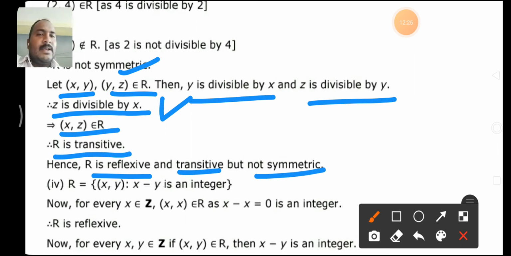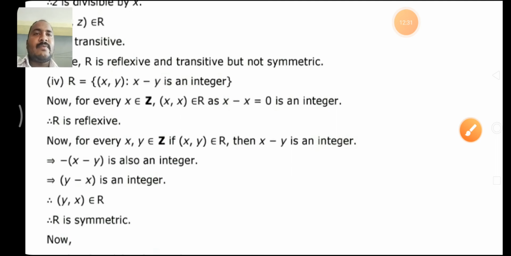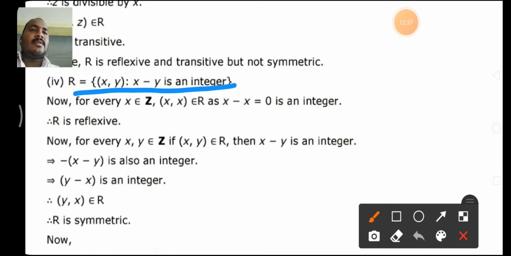Next, sub question number 4. This question is very important for your annual examination purpose. R is equal to the set of ordered pairs (x, y) such that x minus y is an integer. The set is Z. Now check reflexive.